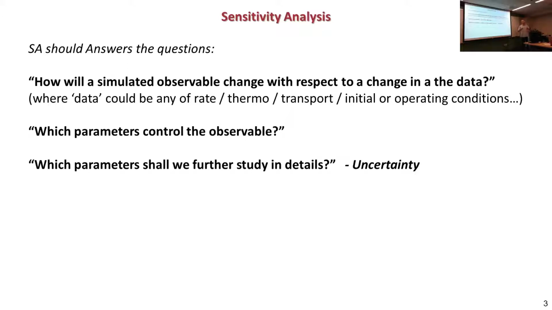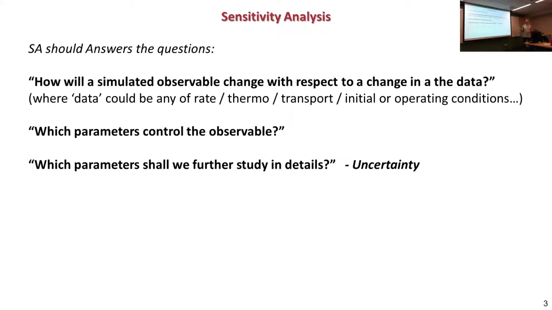If you modify the data, you can see how the model responds, and you can infer how sensitive you are to a perturbation in that data, which can really be anything.